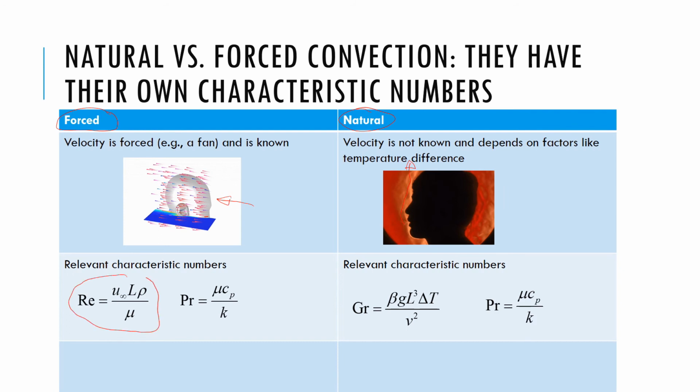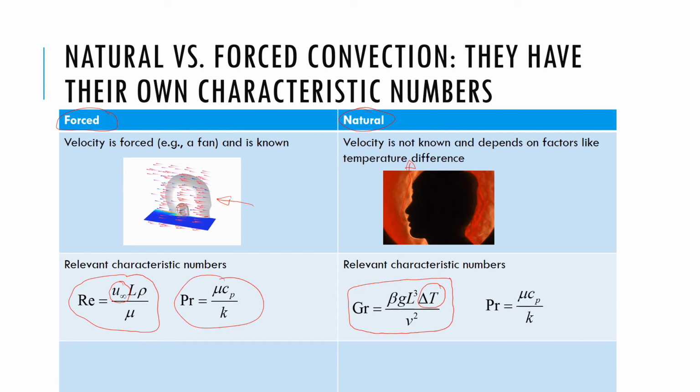When the flow is forced and we know the velocity, then it is the case of Reynolds number, and it's for forced convection. When we do not know the velocity and flow is really driven by temperature gradient, as in natural convection, then we use Grashof number.